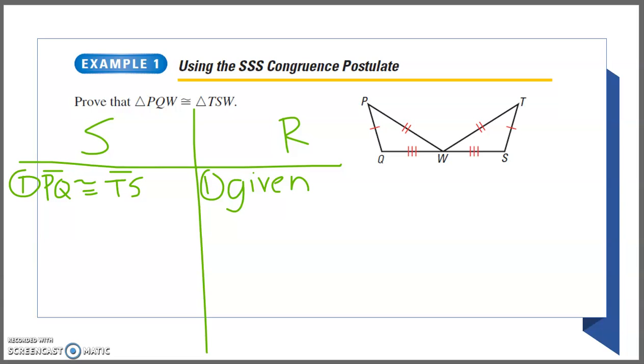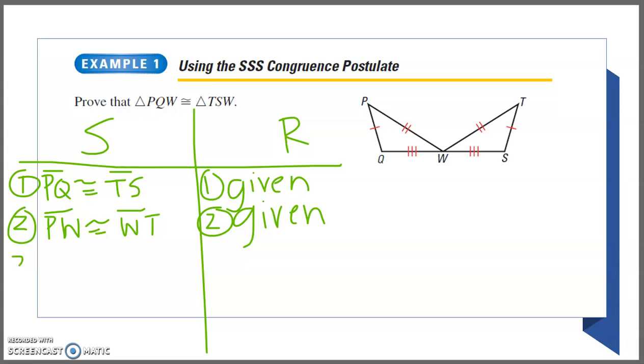Statement number 2, PW is congruent to WT. Again, this is another piece of given information. And then the last piece of given information is that QW is congruent to SW.